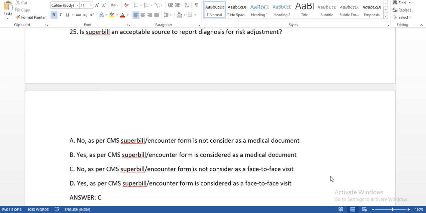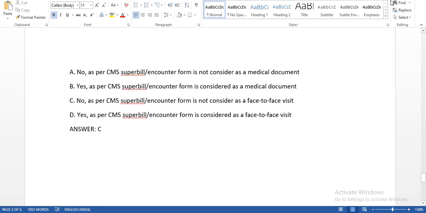It is a very important principle of risk adjustment coding. In this coding, the encounter needs to be face-to-face. So here our answer is C. As per CMS, a super bill encounter form is not considered a face-to-face visit.